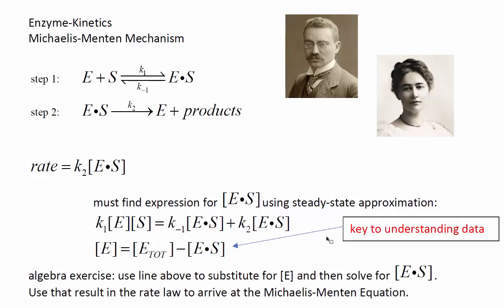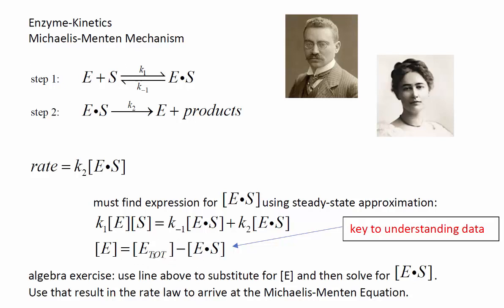Now the key to understanding the data that's acquired is that we want to think of the enzyme that's present at any point in time during the reaction as being given by the total enzyme that we initially place in the reaction minus the amount that's tied up in the complex. So when we're doing this experimentally, we won't know E per se, but we'll know how much total enzyme we've added.